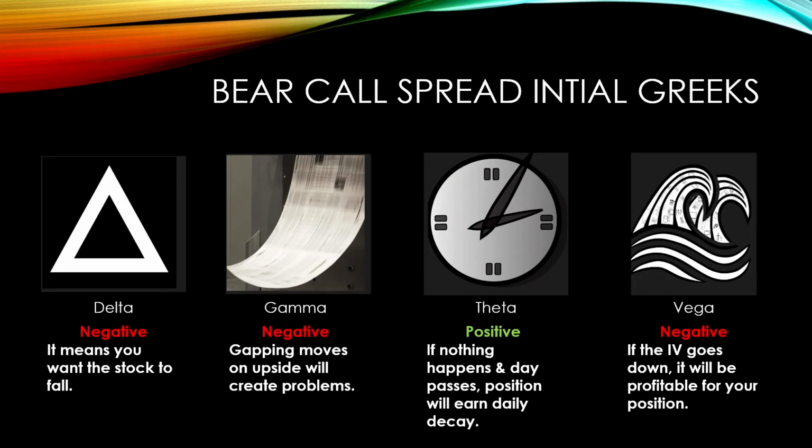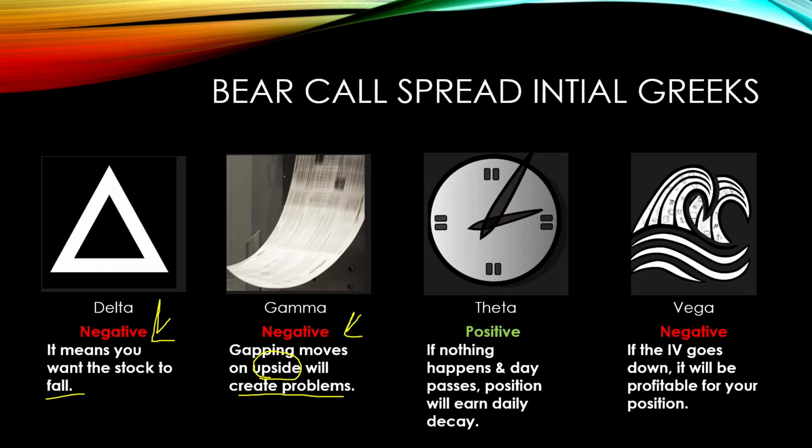So what are the initial Greeks of this bear call strategy? The delta is negative, that means you want the stock to fall. The gamma is negative, that means any upside move will create problems for your strategy, because this is a net credit strategy. Any gapping move on the upside, because you have sold a call option, will create problems for your trade.